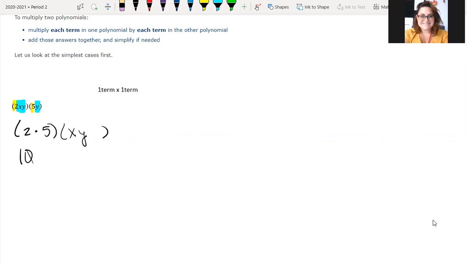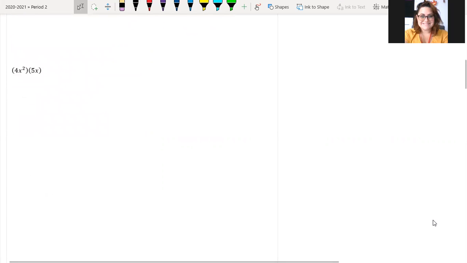And I'm sorry, this is an x, it's a y. When we multiply our variables together, remember that means we add the exponents. We would have x and then y to the 1 plus 1, which means we'll have 10xy squared.